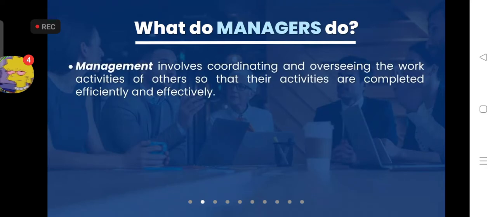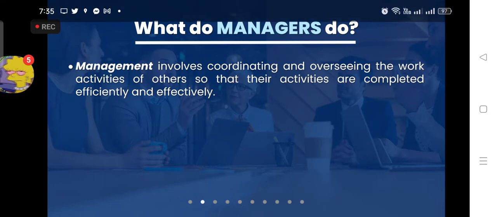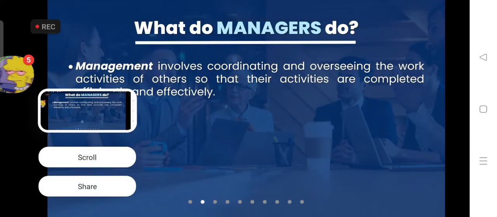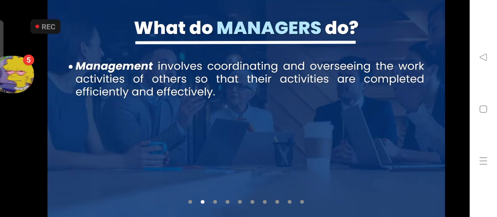Well, managers are involved in the management process of a company or organization, wherein management is involved in coordinating and overseeing the work activities of others so that their activities are completed efficiently and effectively. Coordinating and overseeing the work activities of employees determines that one holds a managerial position, as they are the ones who manage their subordinates to work efficiently and effectively.